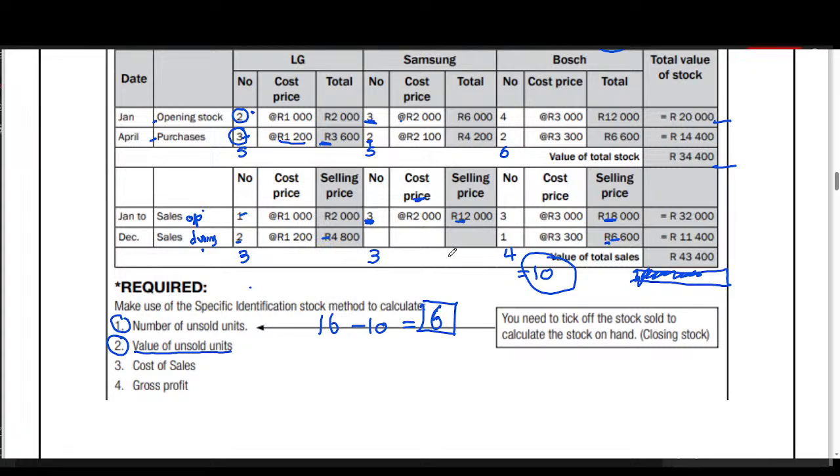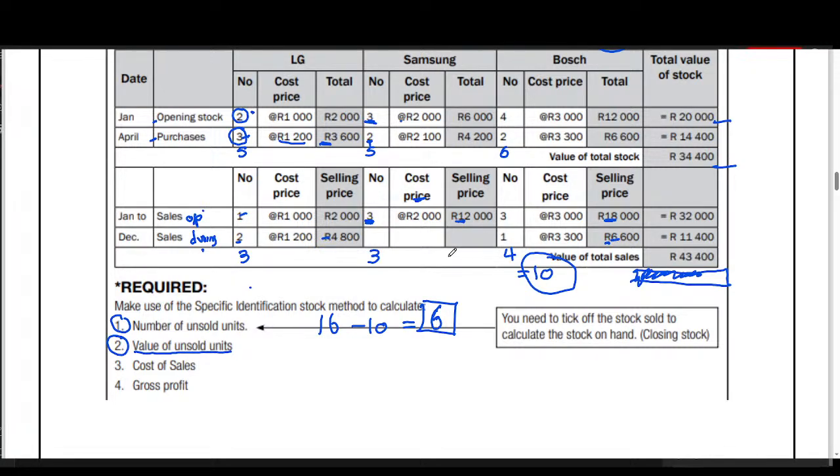We are no longer calculating the value of the stock that we have in the business. We need to know the value of the stock that we have sold, and we are still not going to talk about the selling price. We still talk about the cost price.